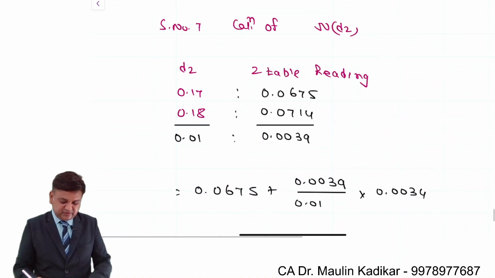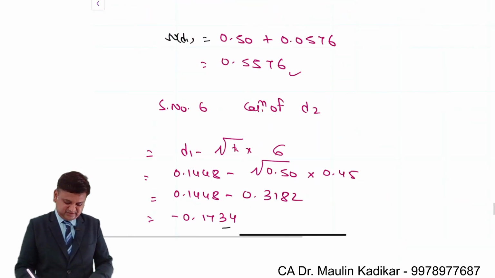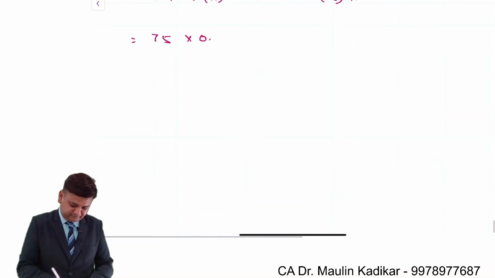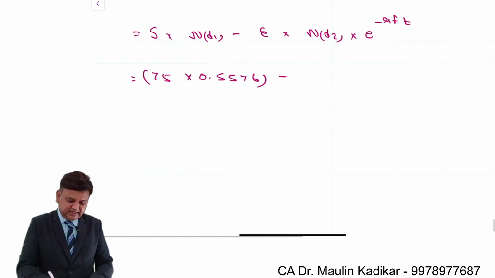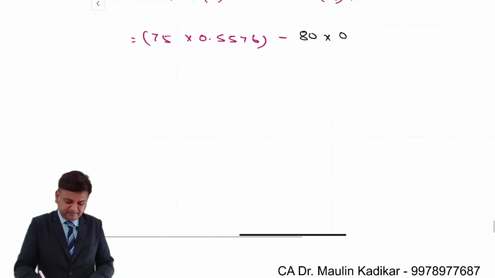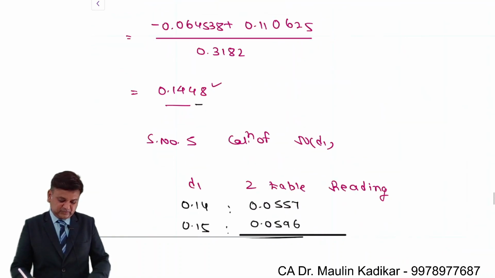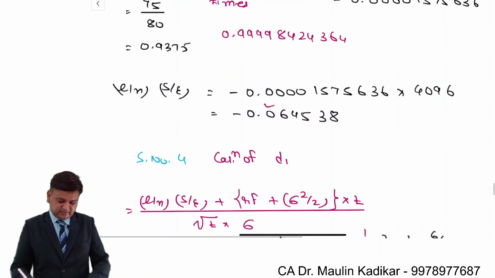What is ND1 value, friends? ND1 value is 0.5576. Minus exercise price is 80 into ND2 value is 0.4312 into e raised to negative RF into T. In a way that it is the discounting factor.